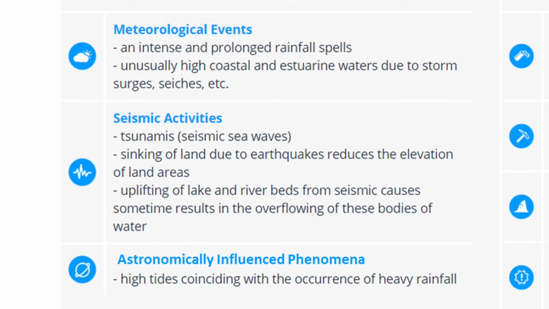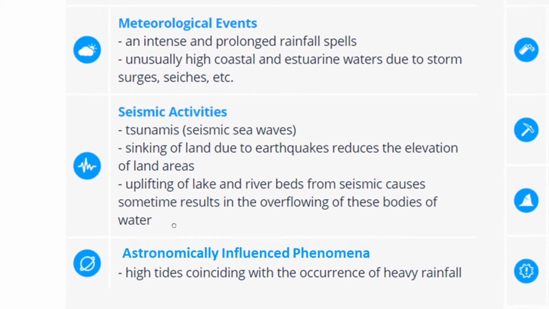Tsunamis may cause flooding by adding enough water that the rate in which water is added is higher than the rate in which the water recedes.